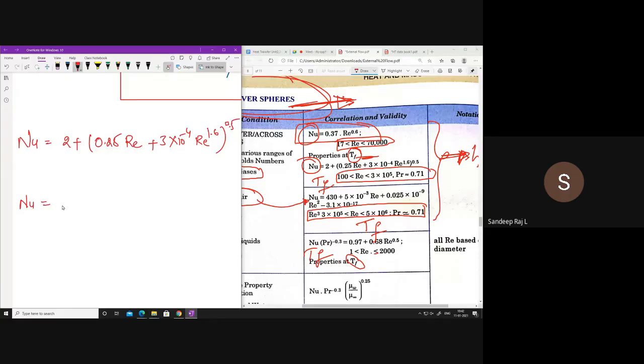Also, you can use the other Nusselt number formula: 430 plus 5 into 10 to the power of minus 3 into Re plus 0.025 into 10 to the power of minus 9 Re square minus 3.1 into 10 to the power of minus 17.